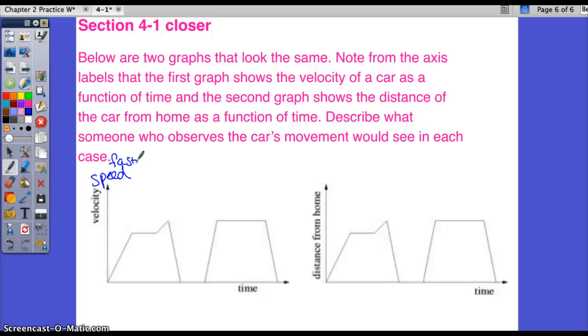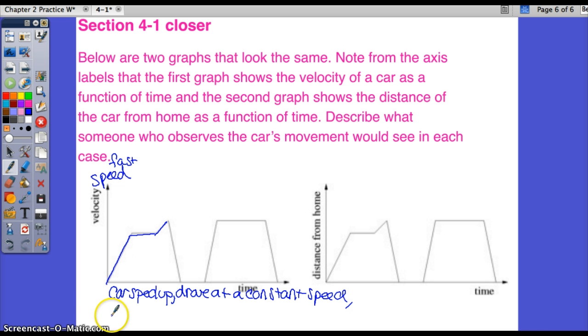Well, in this one, I would maybe say here, the car sped up. Then it drove at a constant rate, constant speed.